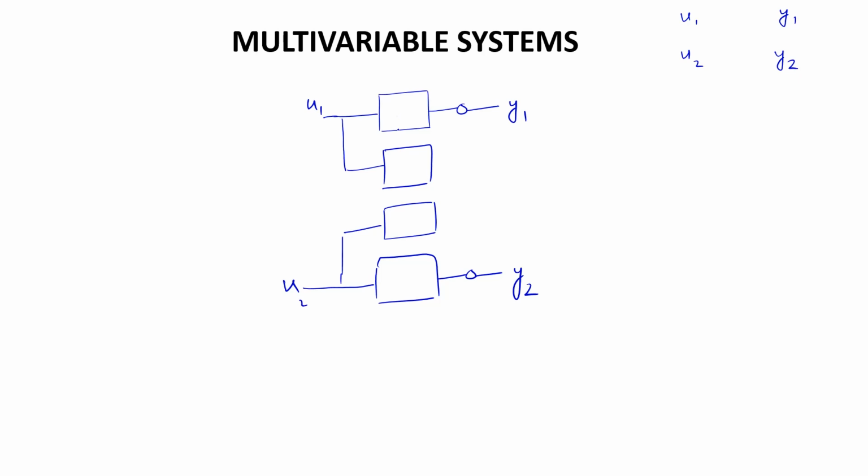And we'll put in transfer functions in there. We'll call this transfer function G11, effect on output 1 of input 1. This would be effect on output 2 of input 1.